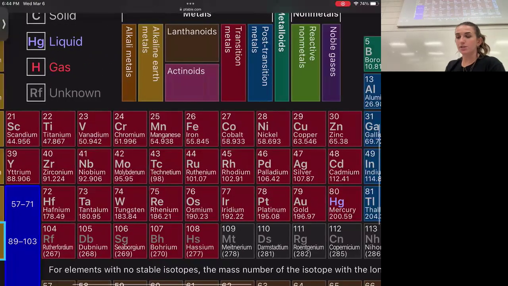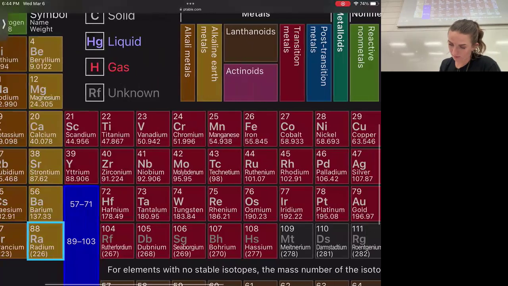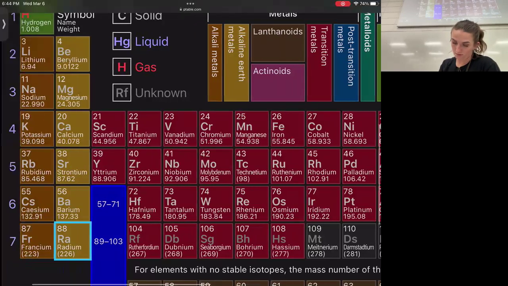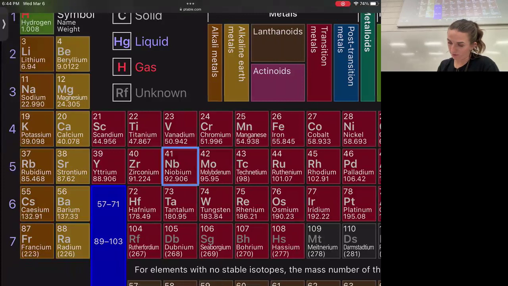In terms of exceptions with your noble gases, it's chromium.